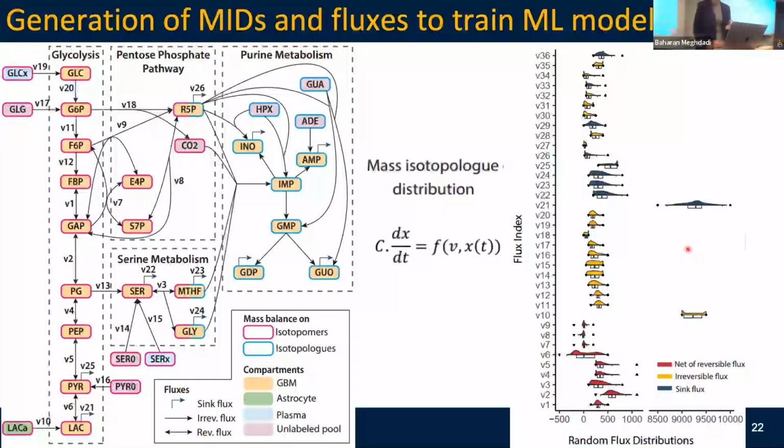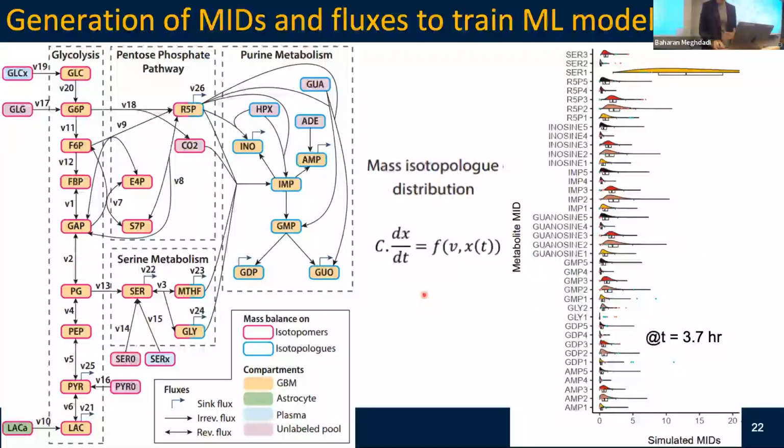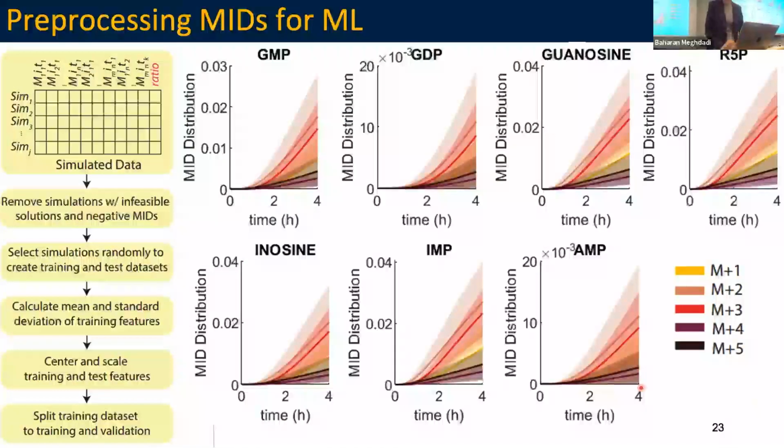And we use these fluxes and put them into the system of ODEs, and we find the MIDs. And the MIDs are at different time points. So you can see here that we have different time points, different metabolites, and different MIDs. So with this simulated data, we split the data into training, test, and validation data sets.